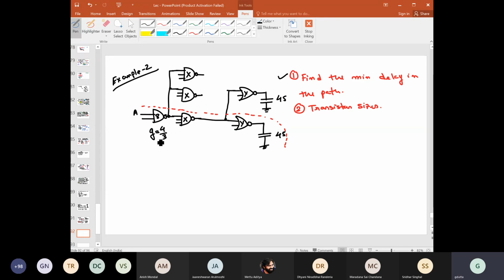Logical effort for this is 4/3. Logical effort for this 3-input NAND gate is 5/3. Logical effort for this 2-input NOR gate is 5/3, and these two are 45/45. If we know the logical effort of each gate, then we can find the path logical effort.